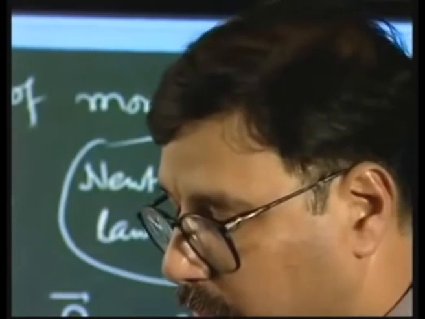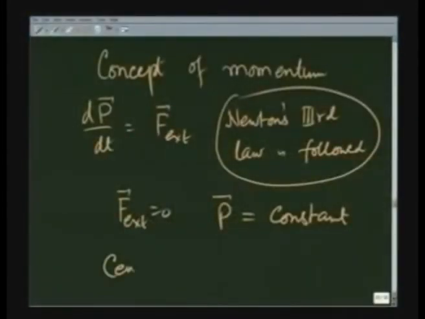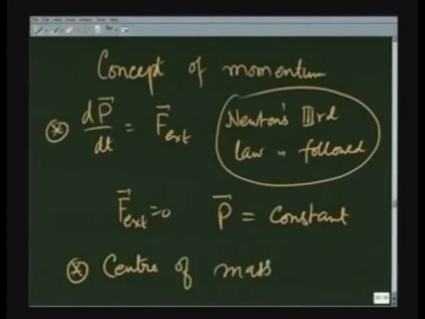We also introduced the concept of center of mass, and saw that this is a point which keeps on moving as if the total mass m was sitting at this point. And finally, we looked at the variable mass problem.